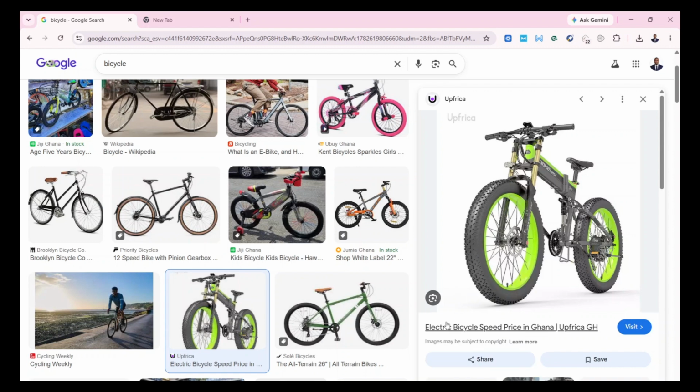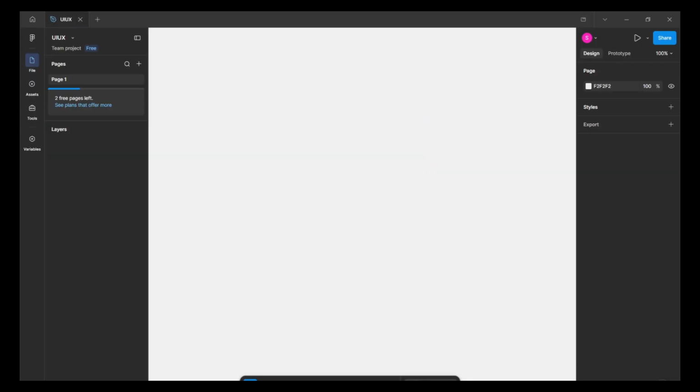UX, which stands for user experience, is how you feel after riding the bicycle. Was the ride comfortable? Is it easy to steer? Does it make the ride enjoyable?